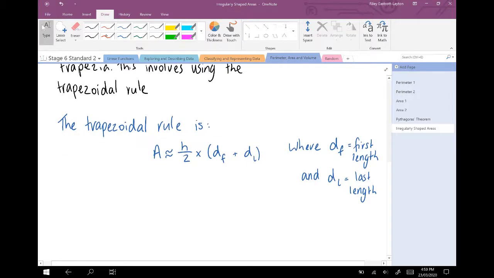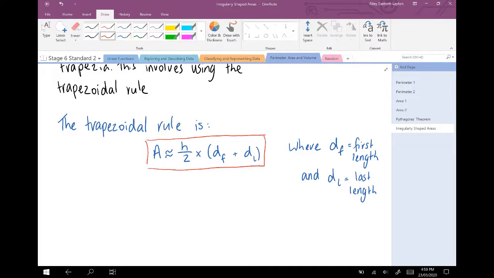Now this formula here may look familiar, and it's because we've covered that earlier. We've used some different terminology before. We weren't using df and dl, we were using a plus b.